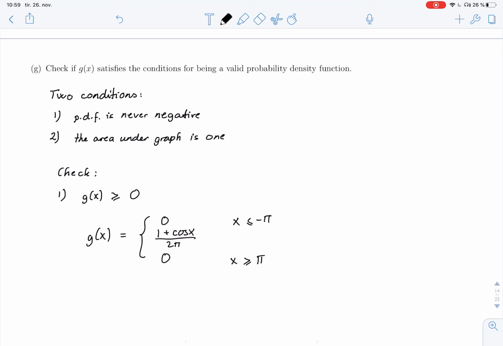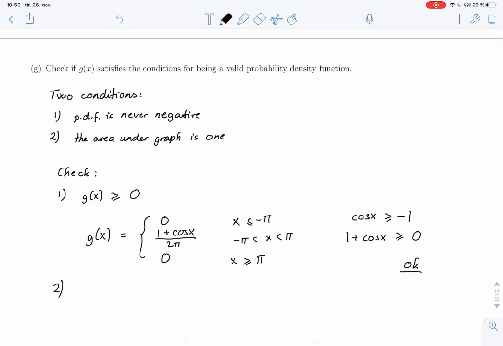Now in the middle here, we see that cosine of x is always larger or equal to minus 1. That's the smallest value we can get. So 1 plus cosine of x would then be larger or equal to 0. Because if we have the minimum value minus 1 and we add 1, we get 0. So this one is okay.